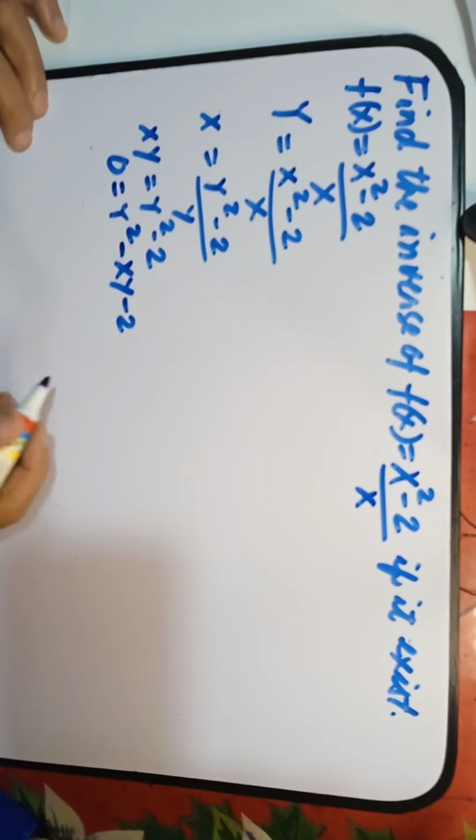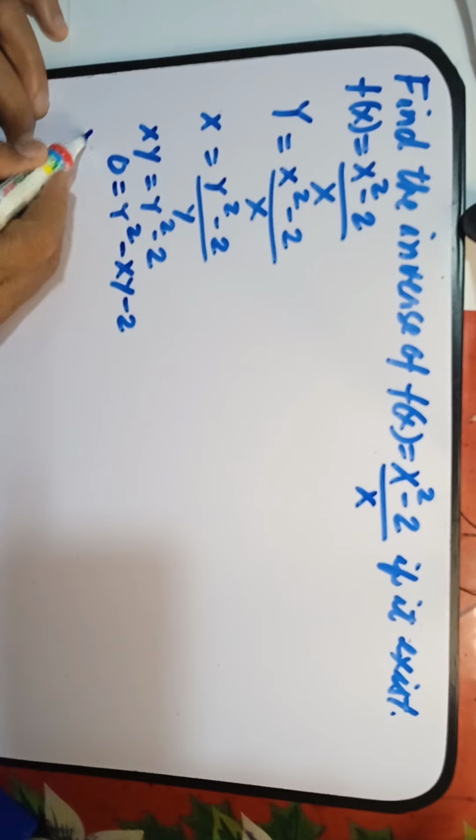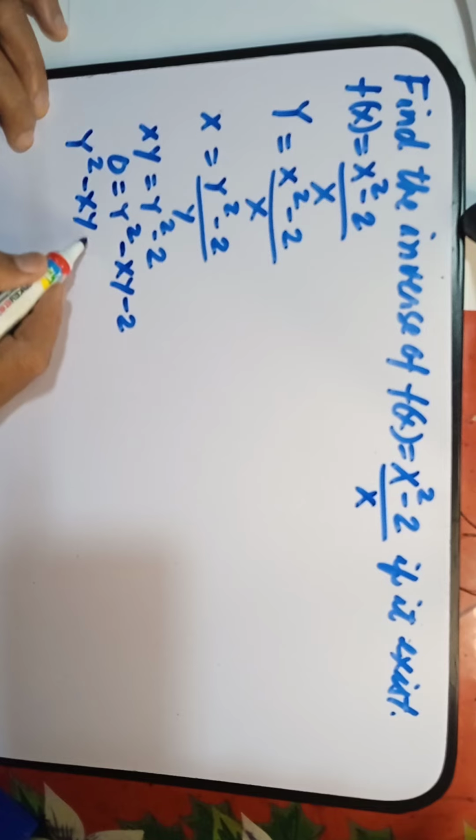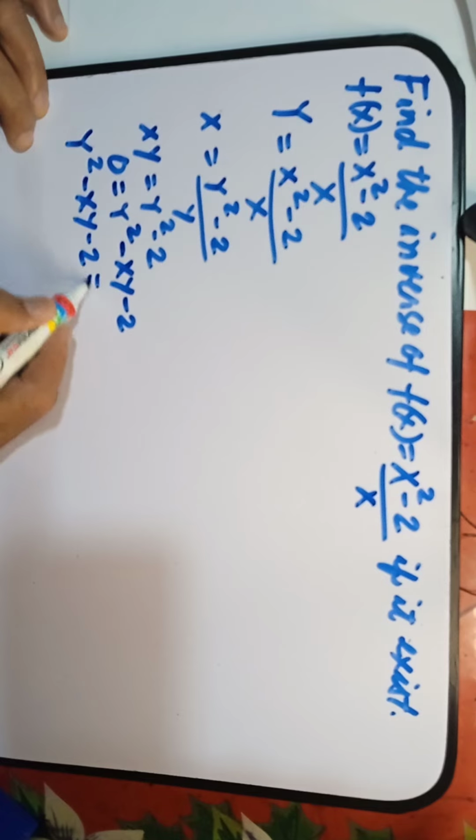So we have, we will use the commutative property, y squared minus xy minus 2 equals 0.